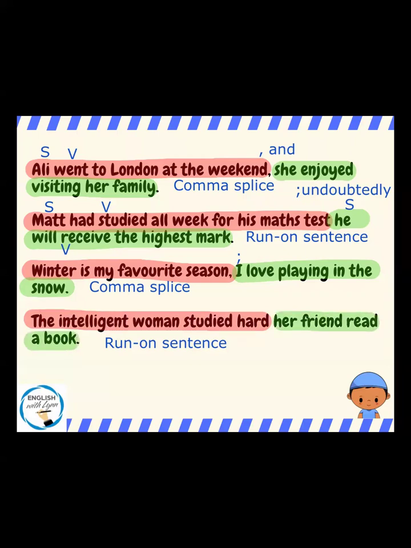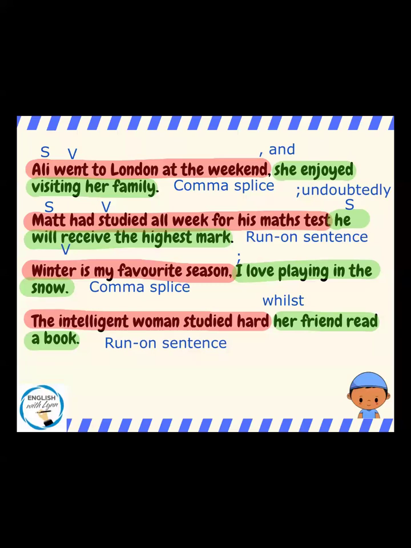Now, I think I could do one of two things. I could do the intelligent woman studied hard and her friend read a book, or I could turn it into a subordinate clause and I could say, the intelligent woman studied hard whilst her friend read a book. And I think that probably makes the most sense. So I will have a whilst in there, whilst her friend read the book.